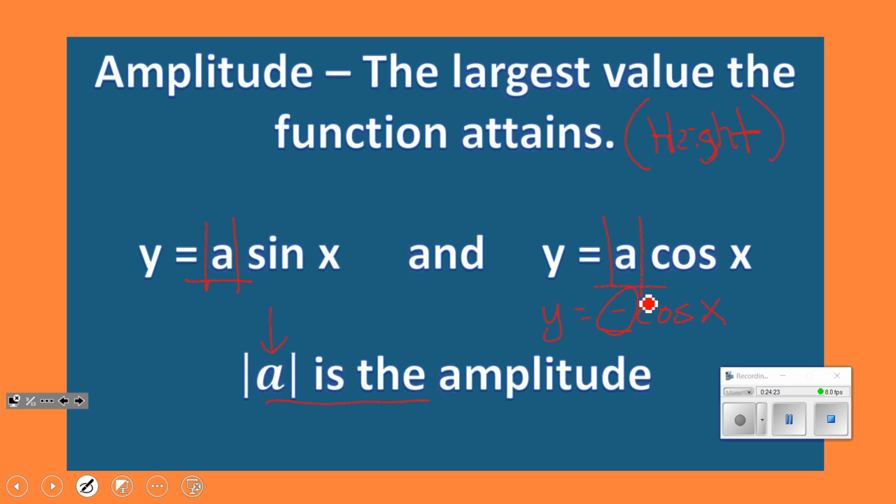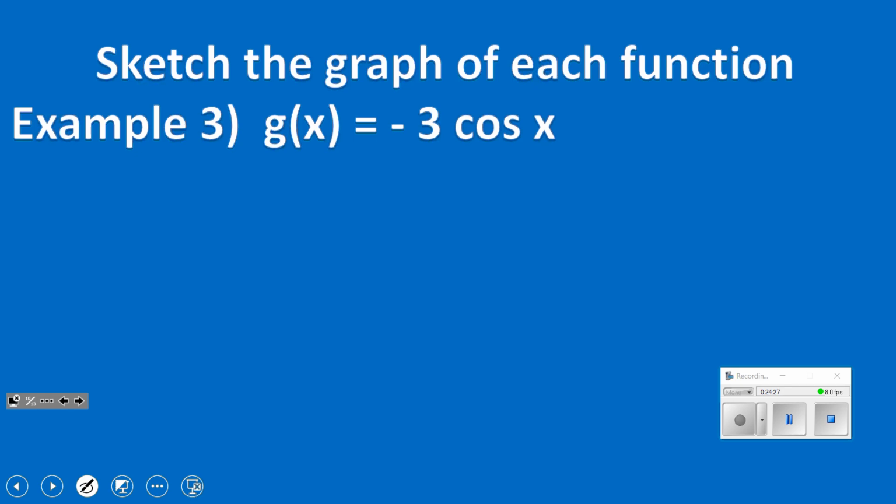So what if I put a 3 in front of it, a -3? The amplitude is going to be 3, meaning if I graph this, how far up am I going this time? 3, and how far down?